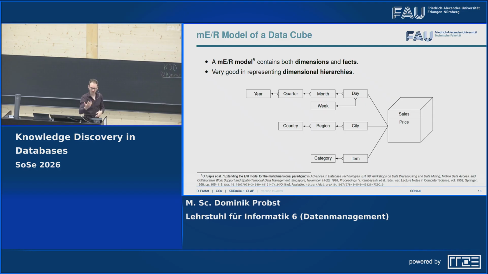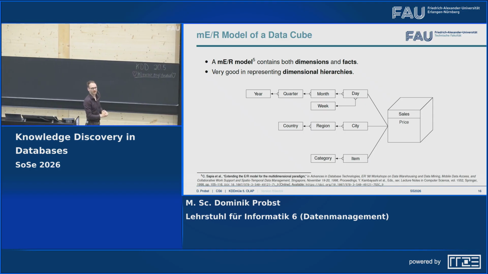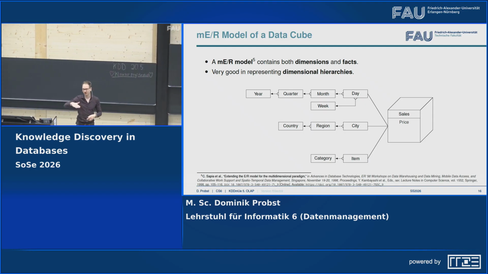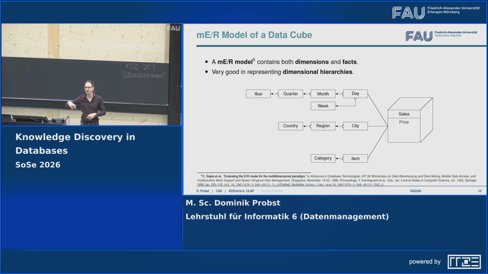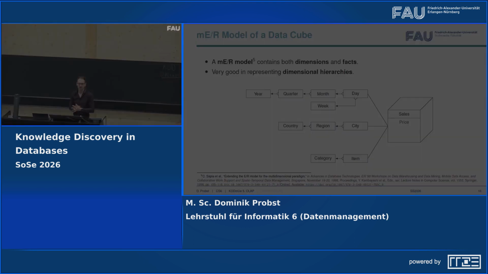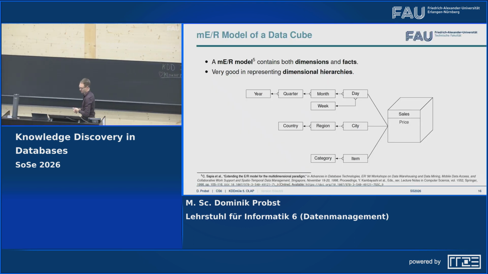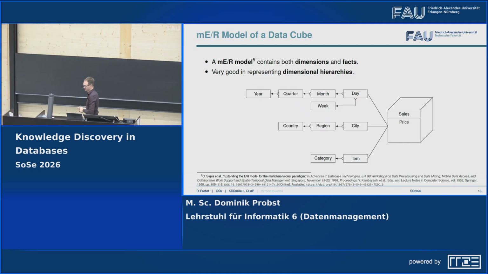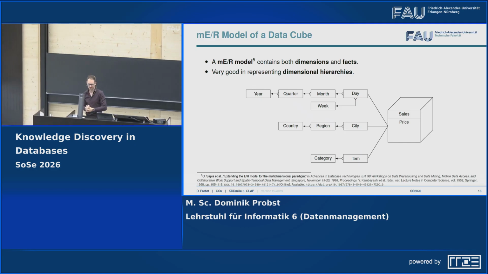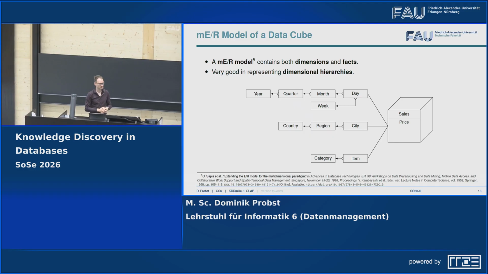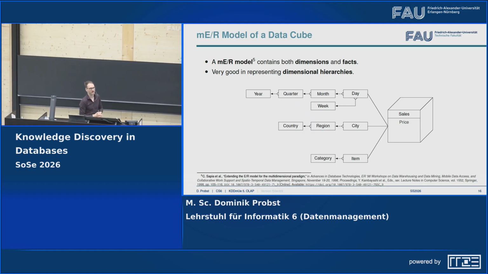I will give you 1 minute and then I will count up from 1 towards 10, let's say, and you simply raise your hand once I get to the number you think is correct. Remember, a star schema has one table for the fact table and one table per dimension.